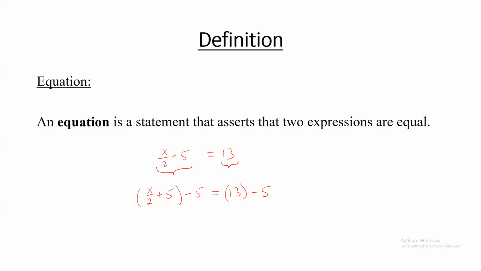My final answer, in this case, as you can see, the plus 5 and the minus 5 cancel, giving me x over 2, and 13 minus 5 is 8. x divided by 2 equals 8 is just as true of a statement as the original equation x over 2 plus 5 equals 13.